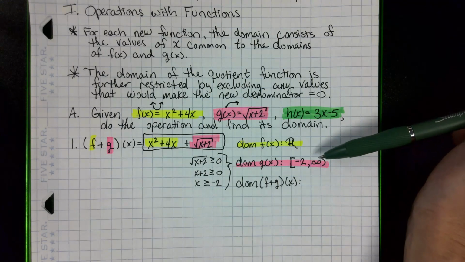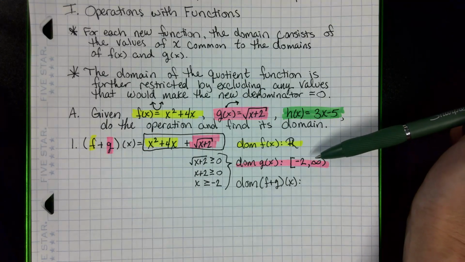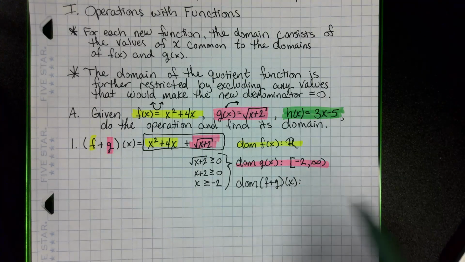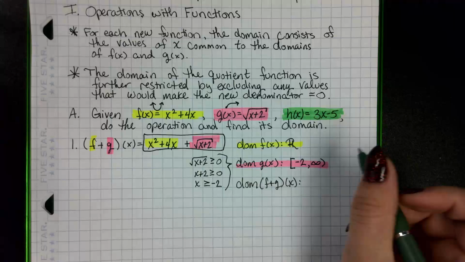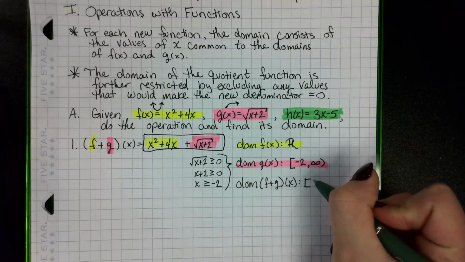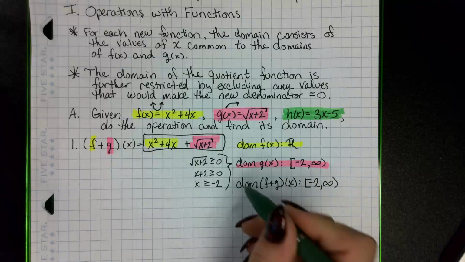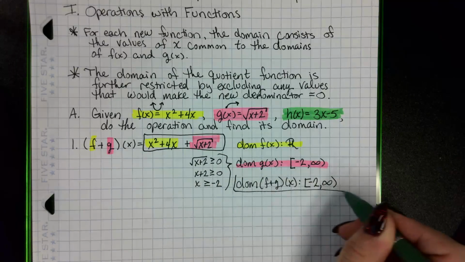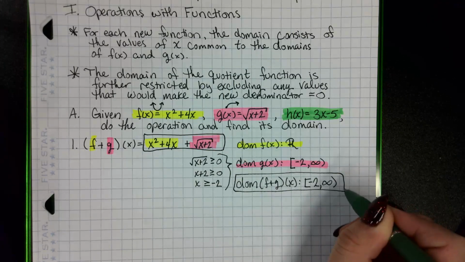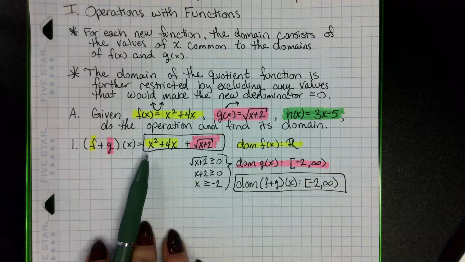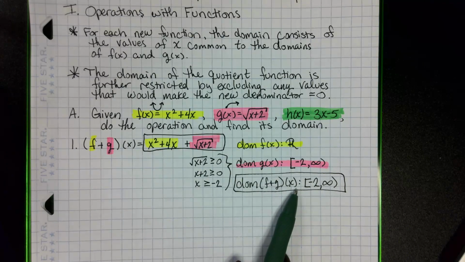So the ones that are common are the g of x domain. So that would be the combined domain. So we have f plus g of x, and we have the domain of f plus g of x.